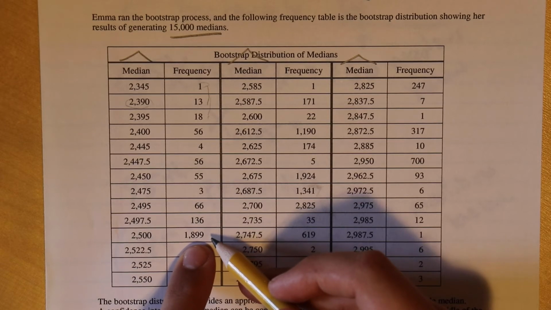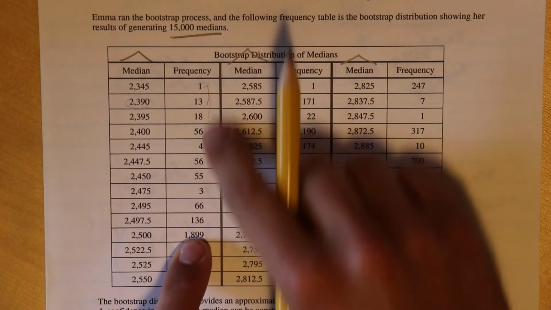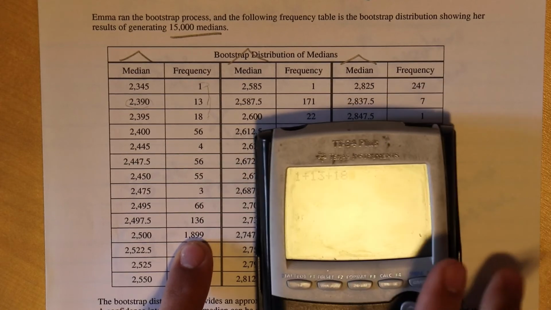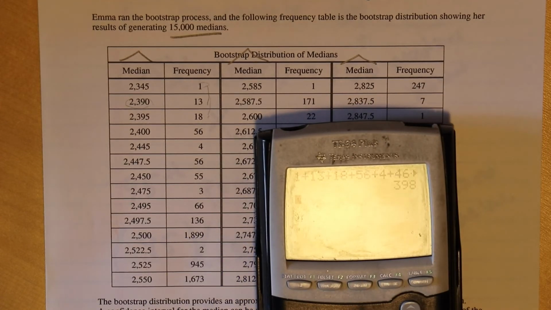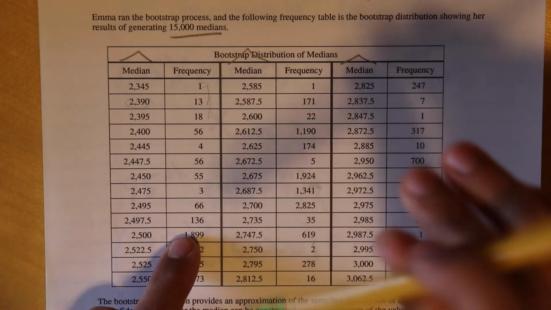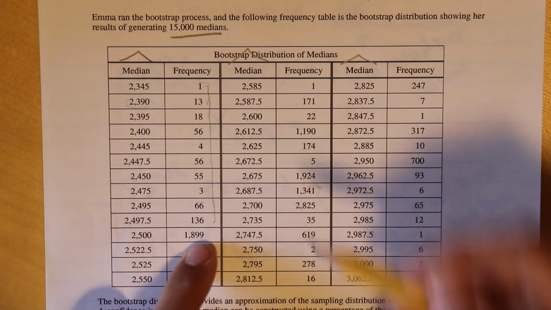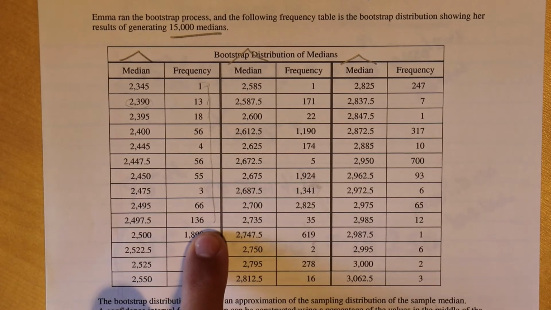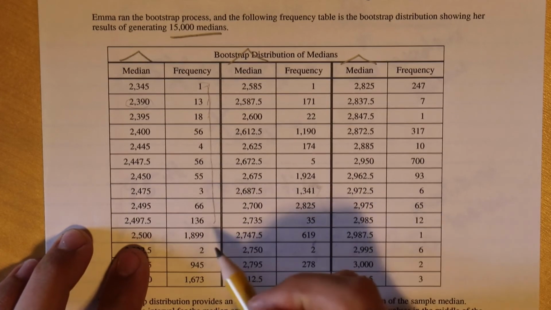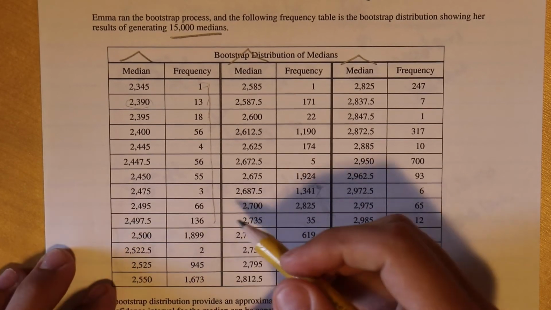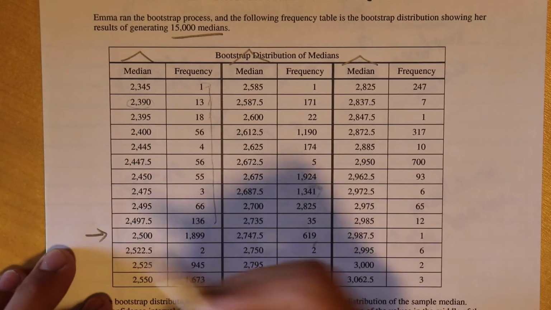So as long as this doesn't add up to more than 750, which I don't think it will, we're going to be fine. Okay, yeah. So this adds up to like 398. So what I'm going to do is say that 2,500 is the 5th percentile.